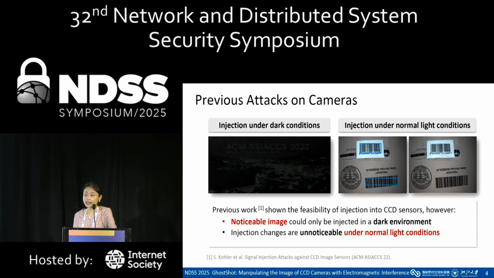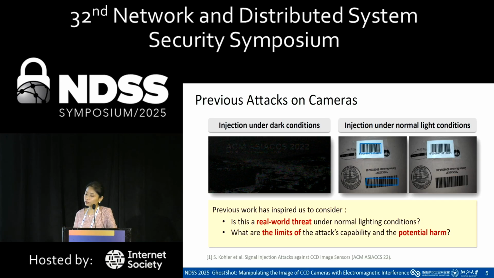Recently, there is an attack that can achieve more fine-grained manipulation of the CCD cameras, so they can add grayscale images in the dark environment, which inspires us to explore further: is it possible, in the real world, under normal lighting conditions, to inject colorful patterns into the images, and what are the limits of the attacker's capability and the potential harm?